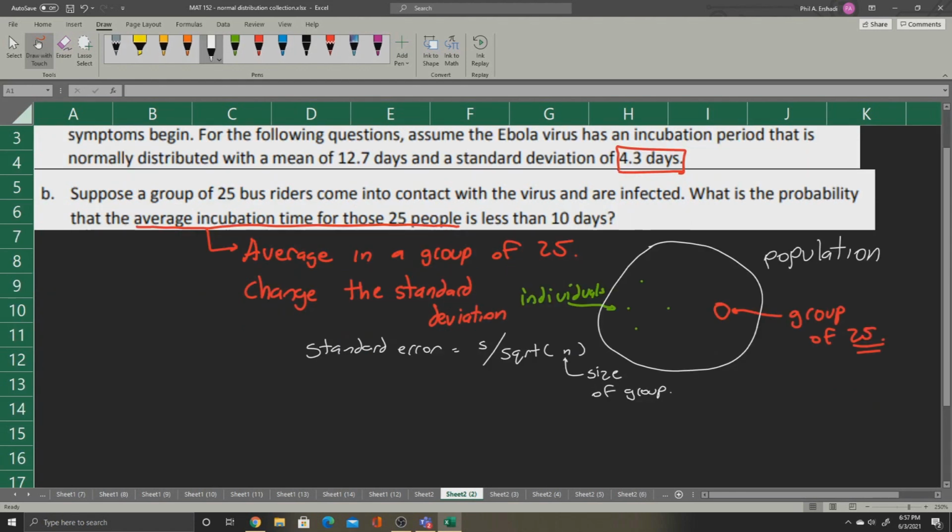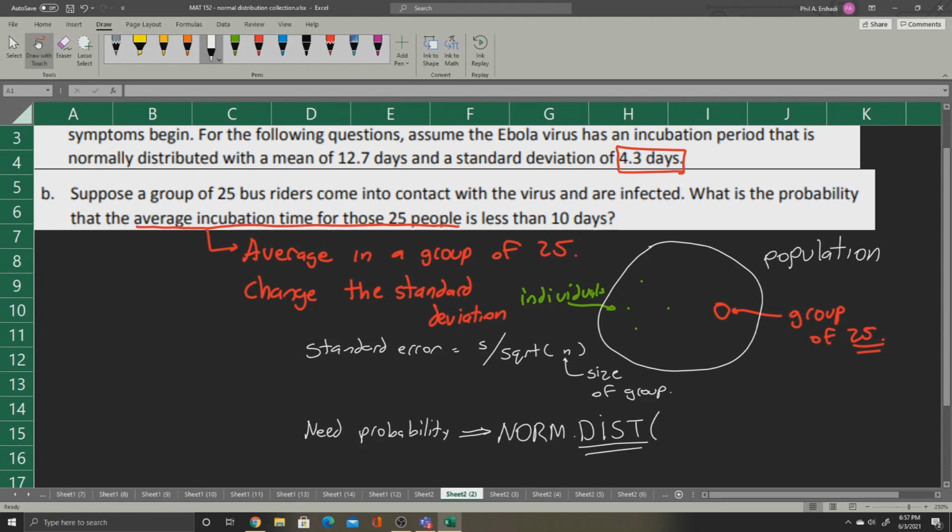We are still being asked for a probability for our answer, so we are still going to use norm dist for our formula. We'll use norm dist anytime we need probability.